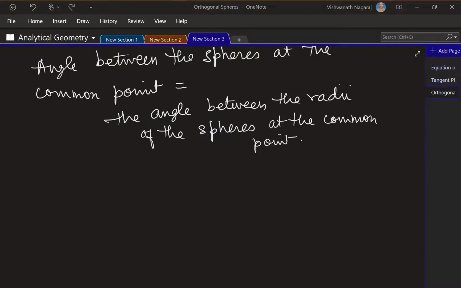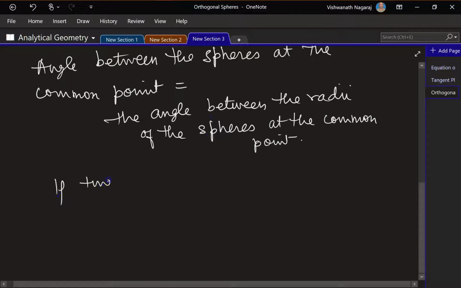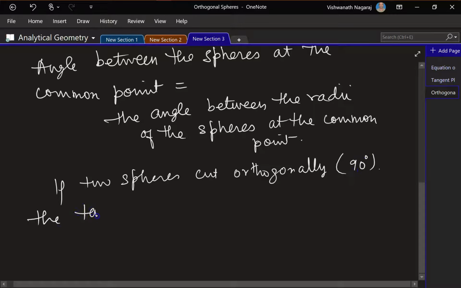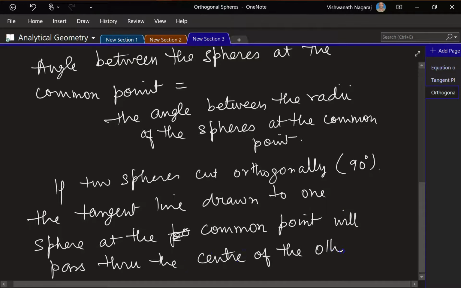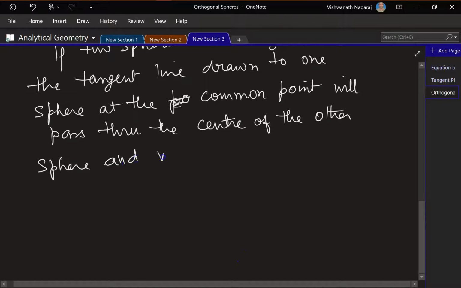Now, remember, if two spheres cut orthogonally, which basically means at an angle of 90 degrees, the tangent line drawn to one sphere at the common point will pass through the center of the other sphere, and the other way round also, vice versa.